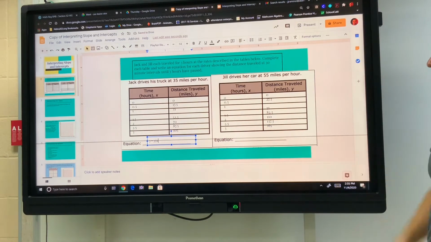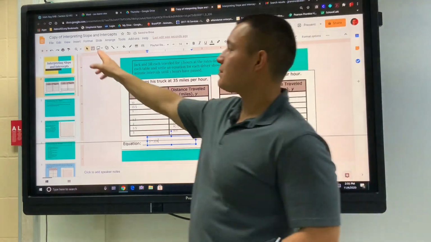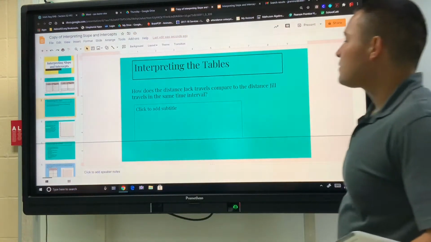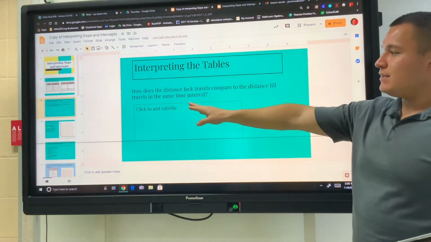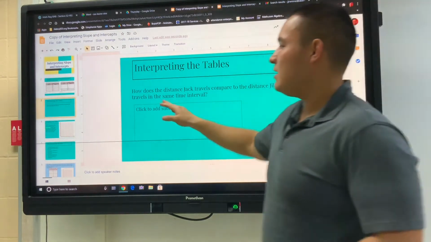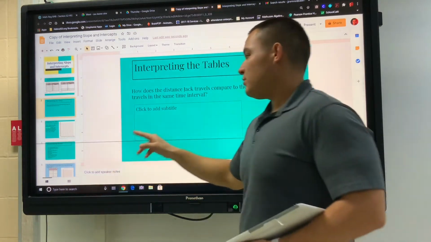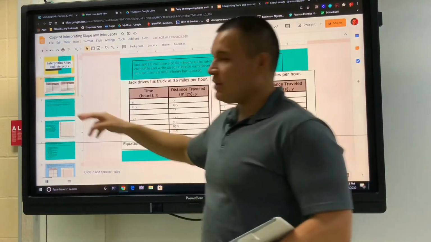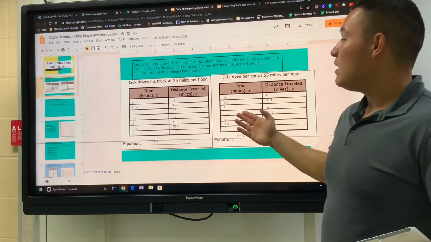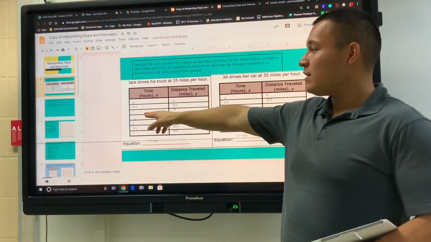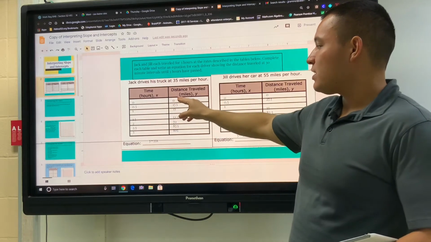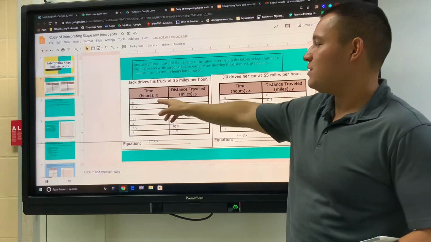Then you make the equation for Jill. How does the distance from Jack compare to the distance of Jill in the same time interval? So you're going to answer this, I won't, but I'll just tell you what to look for. The same time interval means, like, from 0 to 1 hour, Jack traveled 35 miles, from 0 to 1.